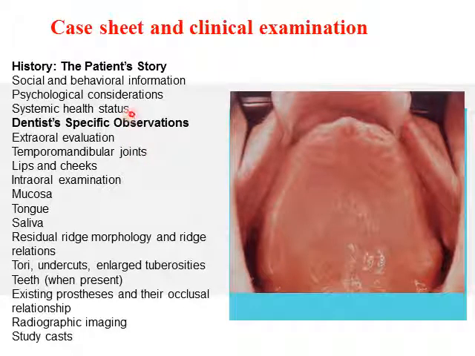The systemic health of the patient is also important. It has to be taken carefully as many systemic diseases have oral manifestations, like diabetes and heart problems. Many systemic disorders affect the oral mucosa, the oral health and the saliva of the patient.